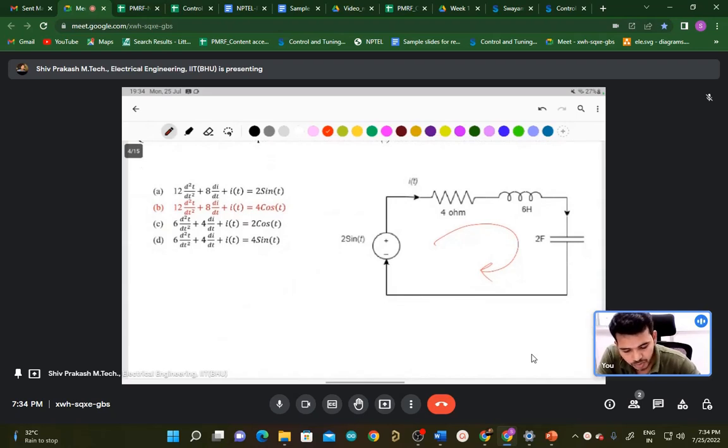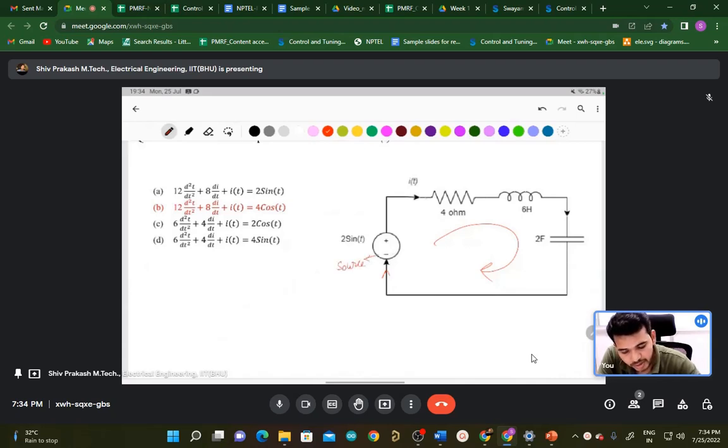First, what do you know about the sign? If the current enters through the negative sign of any element, then that element is known as the source element. Here the current enters at the negative terminal, so this is the source.